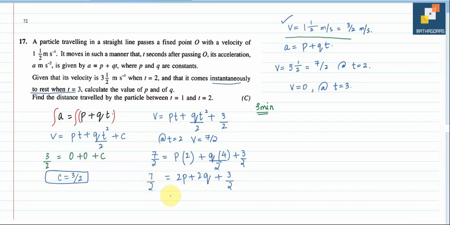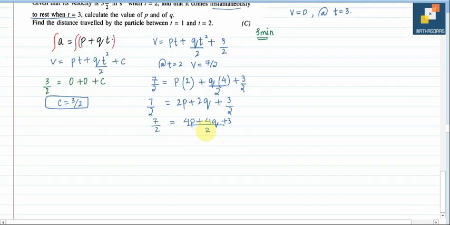We can take LCM on the right side, so it will be 4p plus 4q plus 3 divided by 2 equals 7 divided by 2. If you simplify, 2 and 2 cancel, so the leftover 3, when you shift it to the left side, 7 minus 3, is 4 equals 4p plus 4q. You can divide the whole equation by 4, so you will get 1 equals p plus q. That is your first equation.